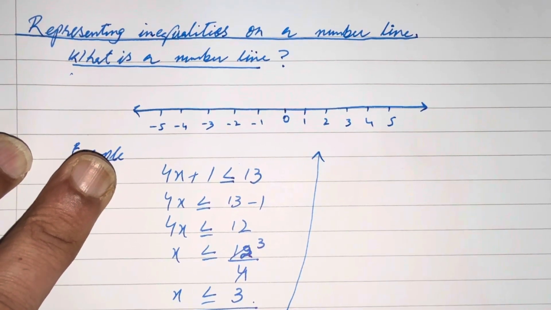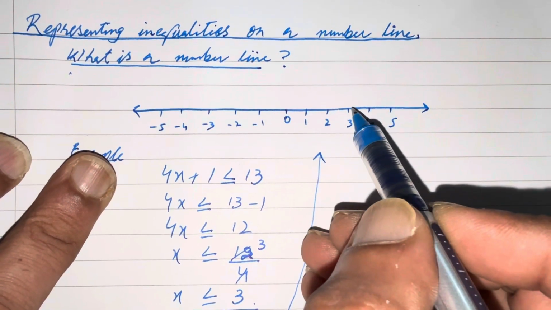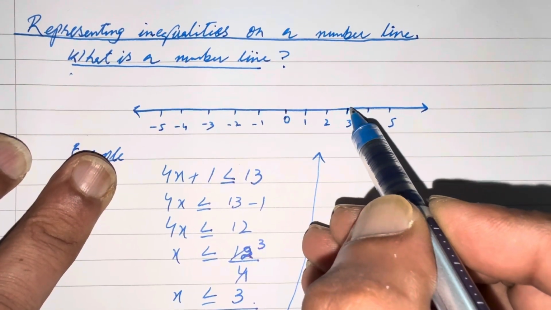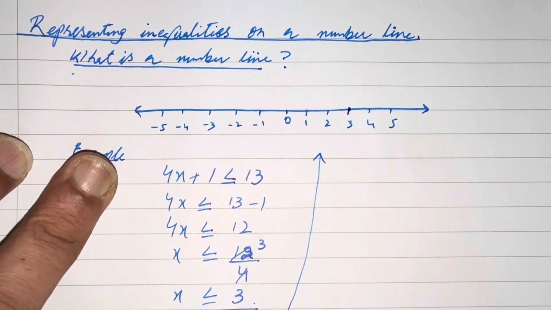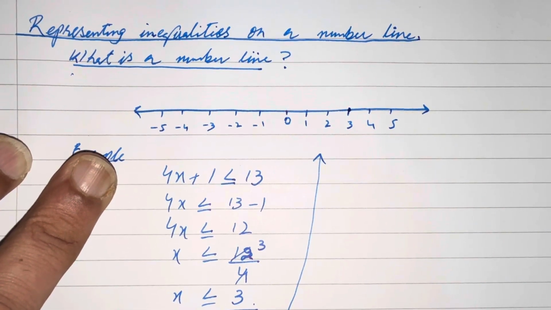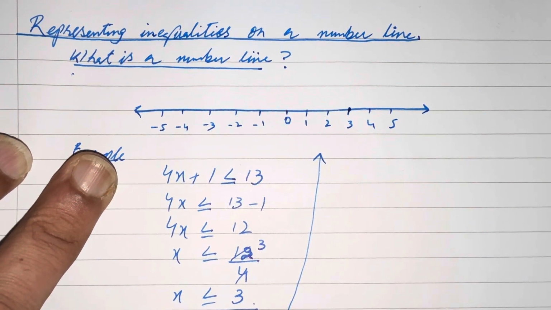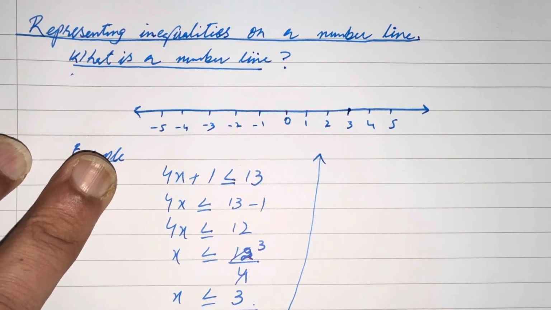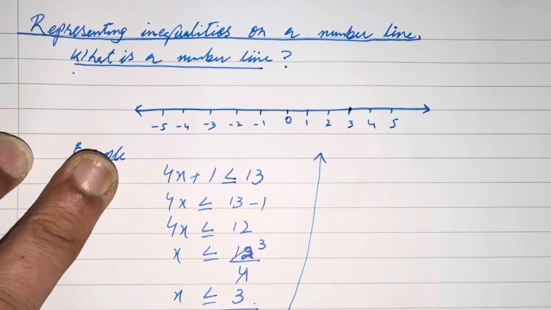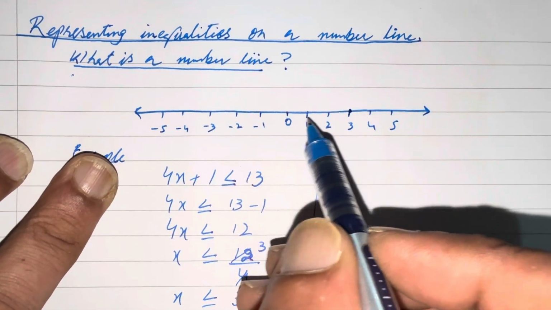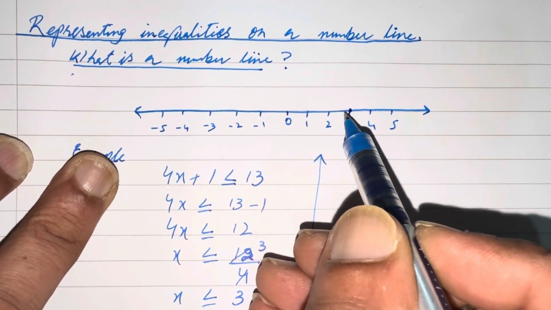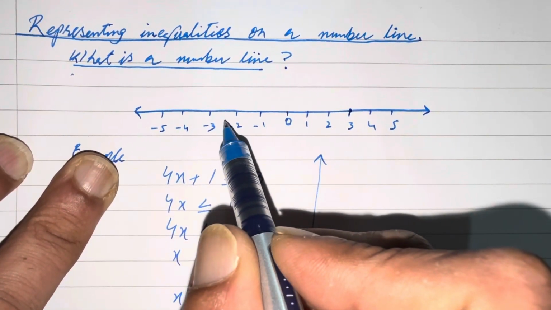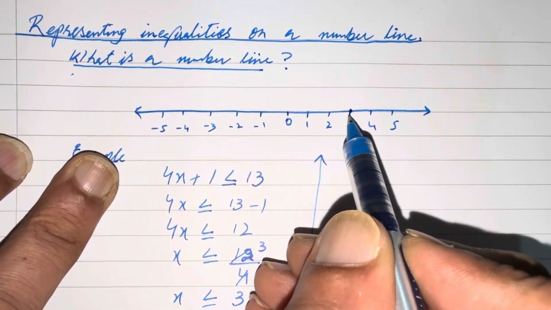First of all, we have to find where 3 is. That's the point 3 that we are going to take to represent this solution set. Less than or equal to means all the values of x are less than 3, meaning the values given on the left hand side.